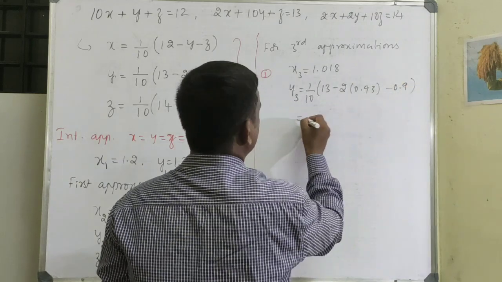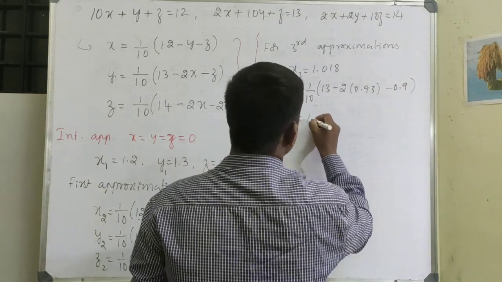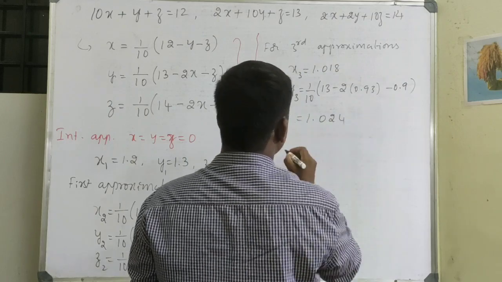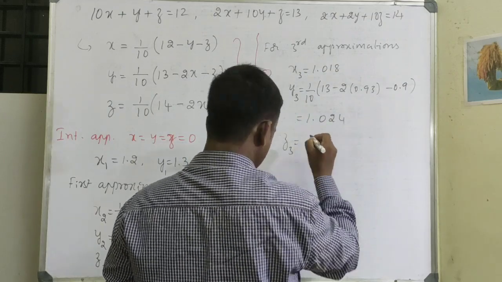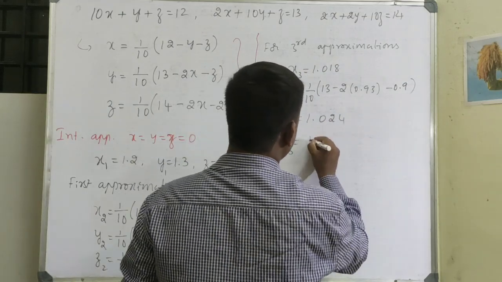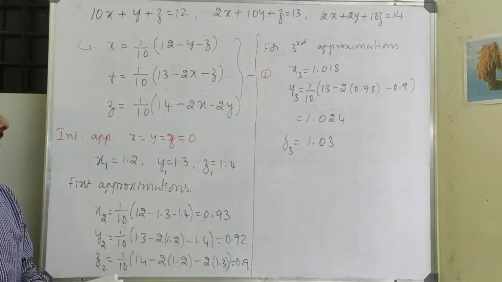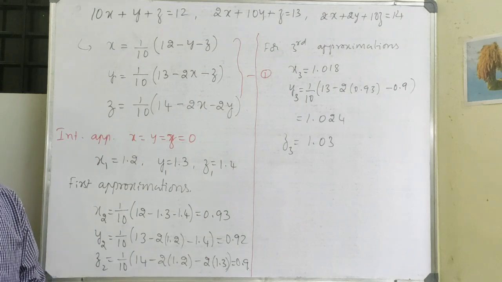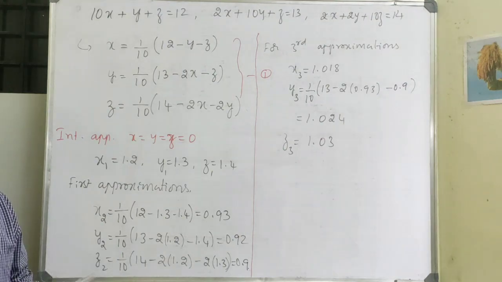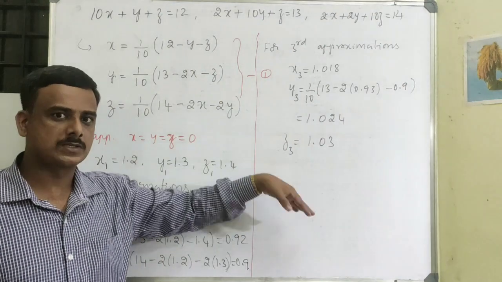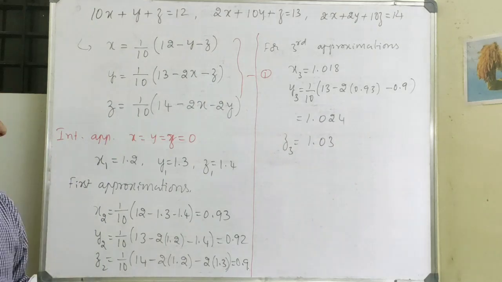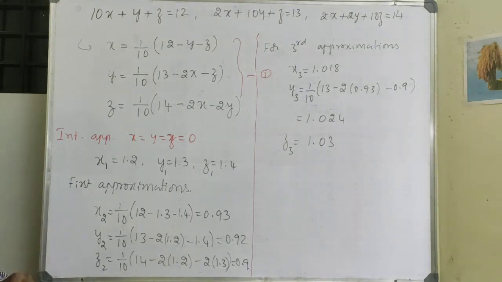So we'll get y3 1.024, so similarly z3 will get 1.03. So I got x3, y3, z3, that is third approximation. Similarly you might get fourth approximations, fifth approximations and so on. If you continue this process you get successive approximations. Now look at the values of x, y, z here.